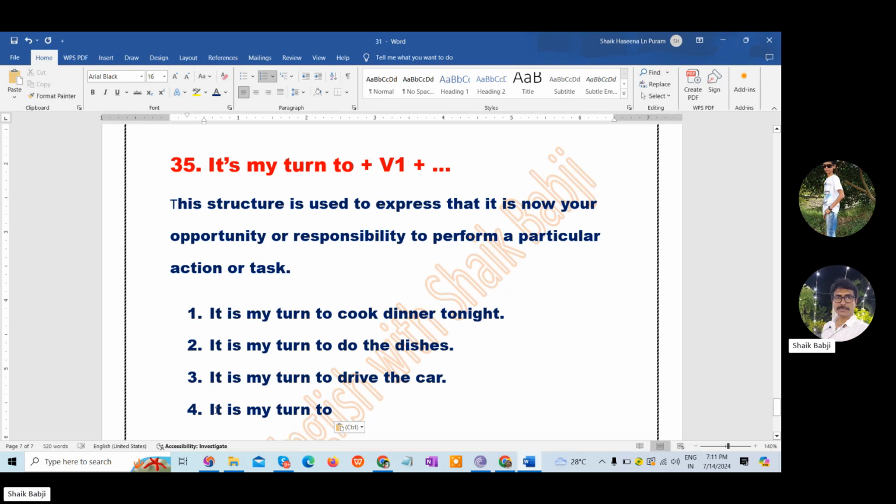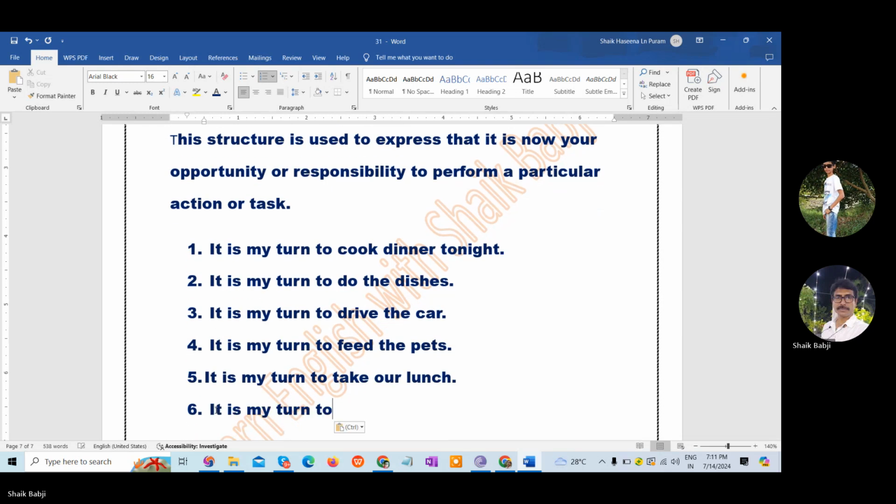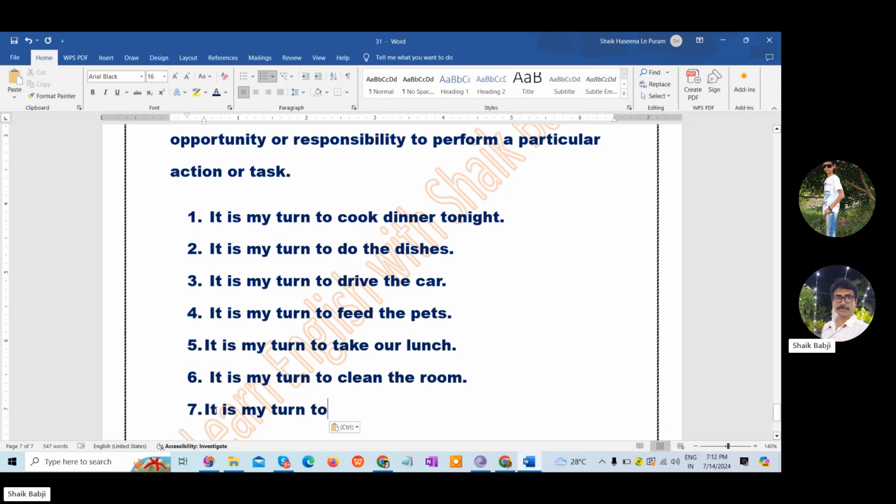It is my turn to feed the pets. Next. It is my turn to take our lunch. It is my turn to clean the room. It is my turn to mow the lawn.